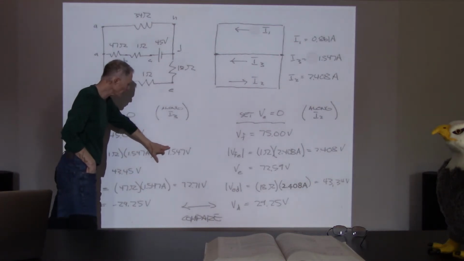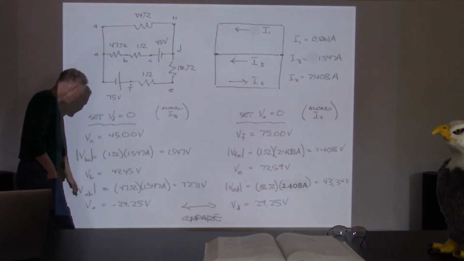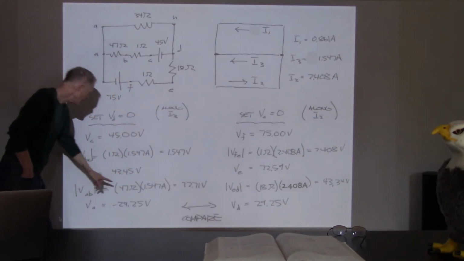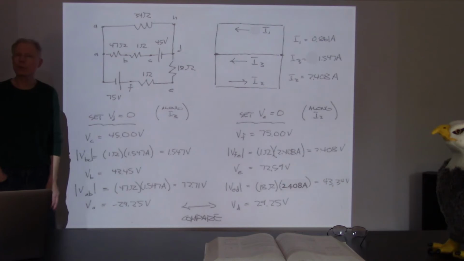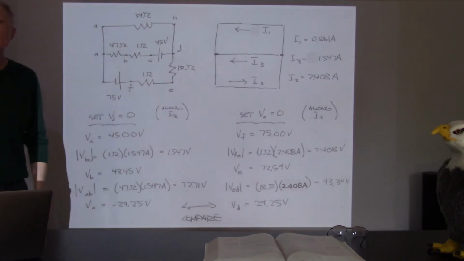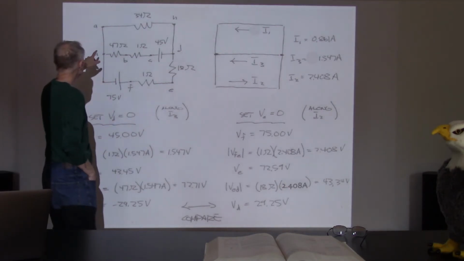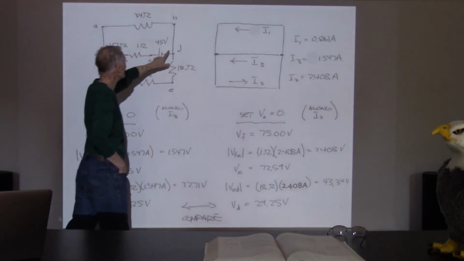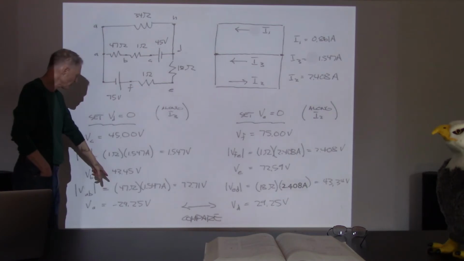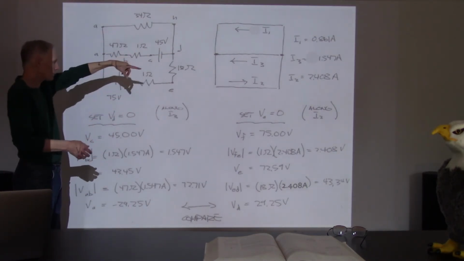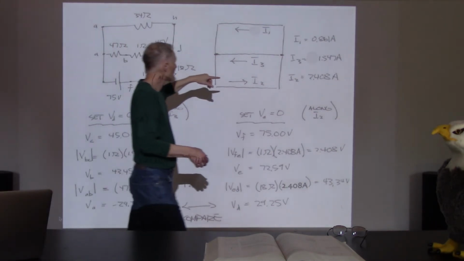We're going to drop by 1.547, and then the second resistor is going to drop by 72.71, and that actually took us to negative 29.25. So the voltage at A is lower than the voltage at D, by 29.25.